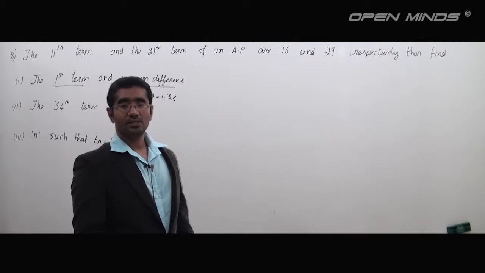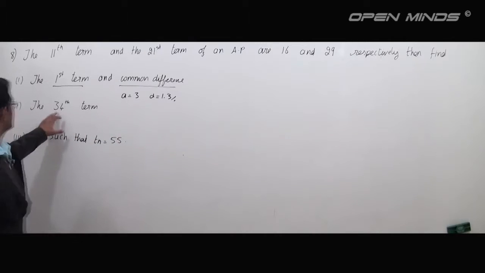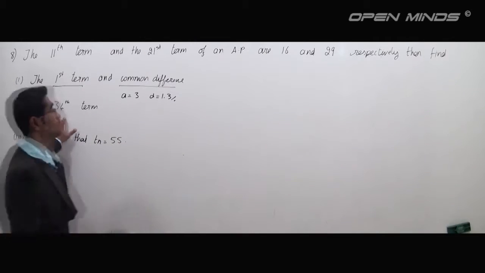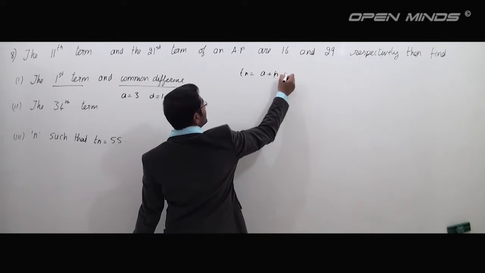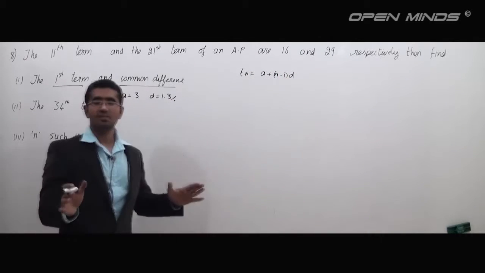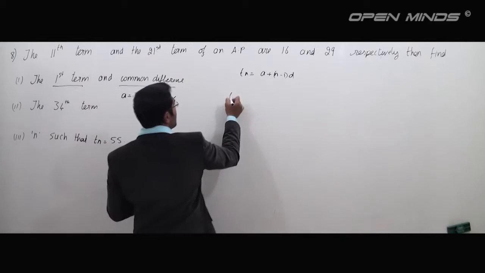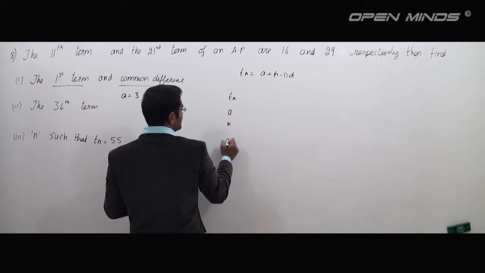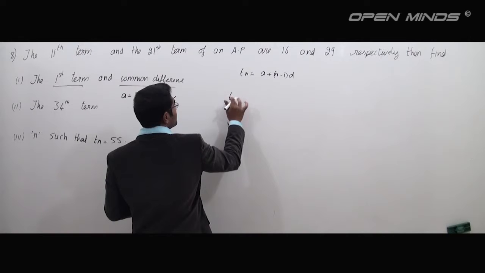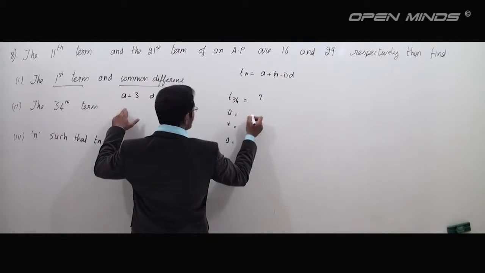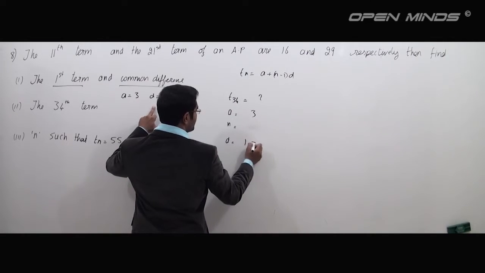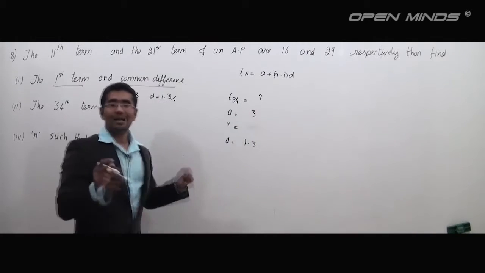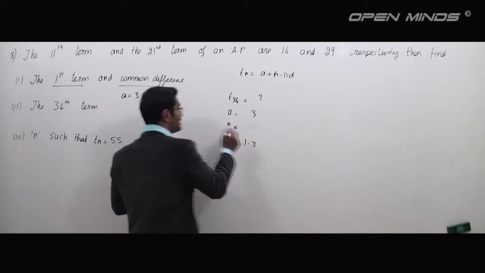The next question says to find the value of the 34th term. We know the formula: Tn is A plus (n minus 1) into D. Every time the same simple trick. I have to know Tn, A, n, and D. If he's talking about T34, A I just found to be 3, D is 1.3, and when I say 34th term, n is 34.